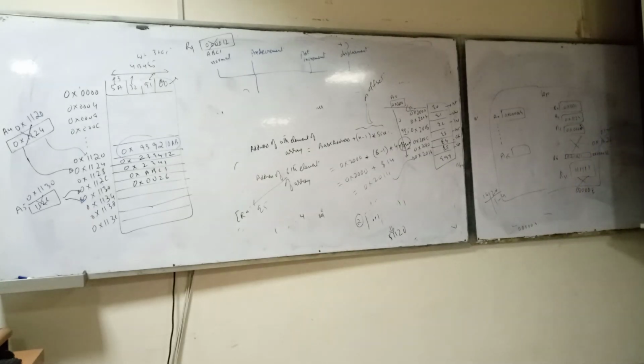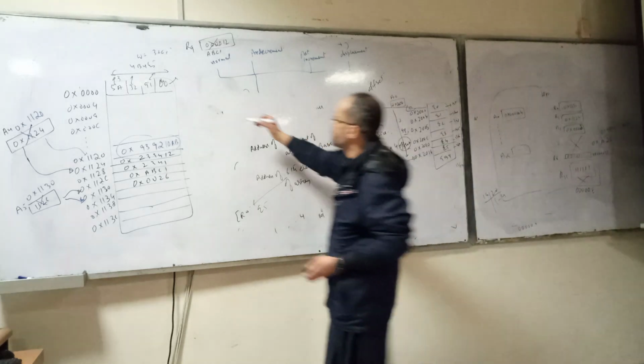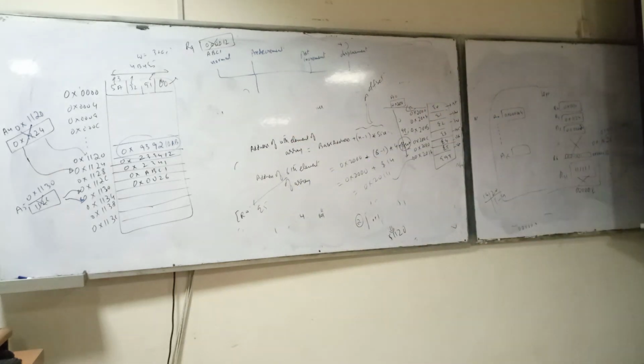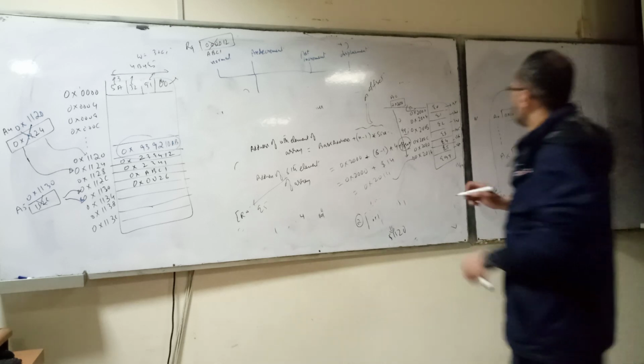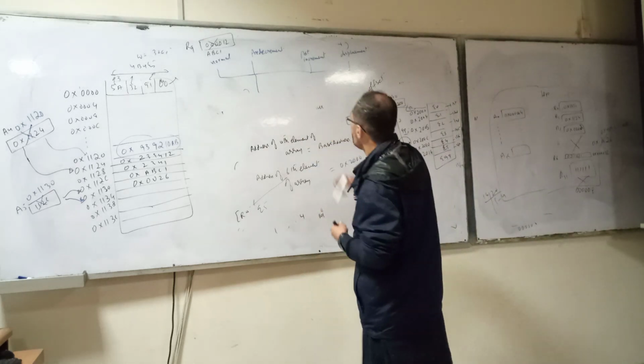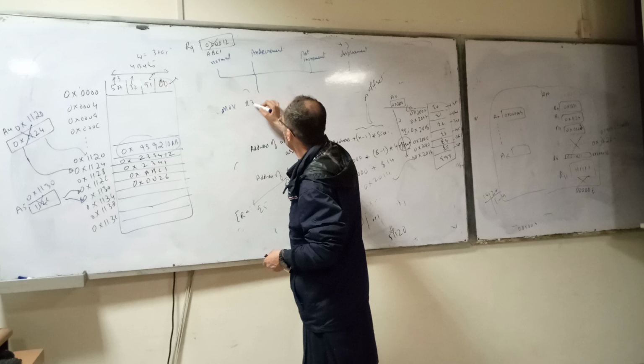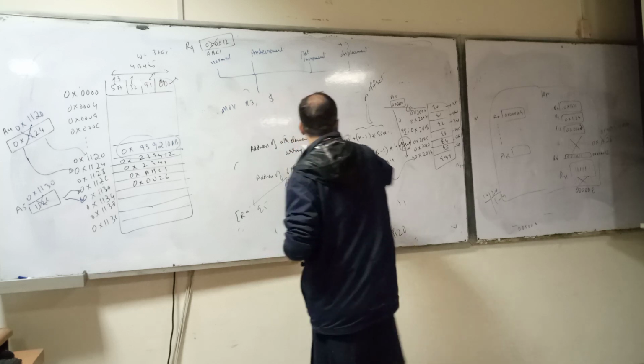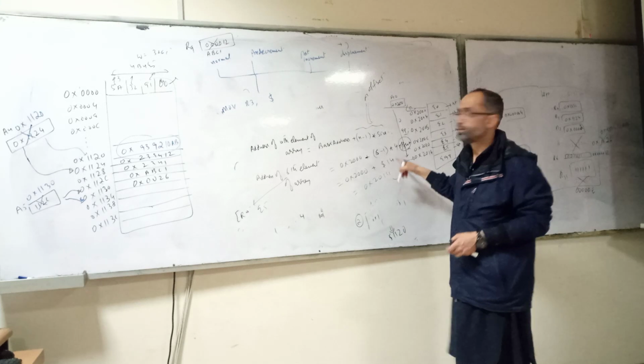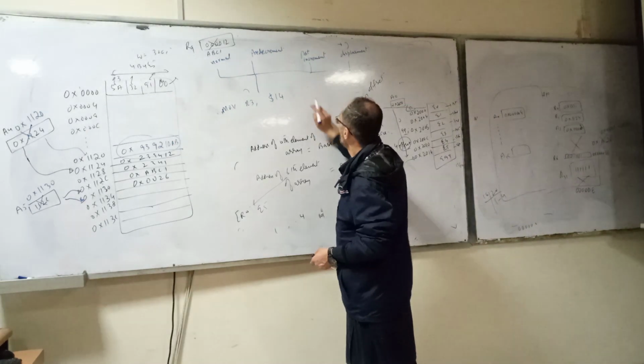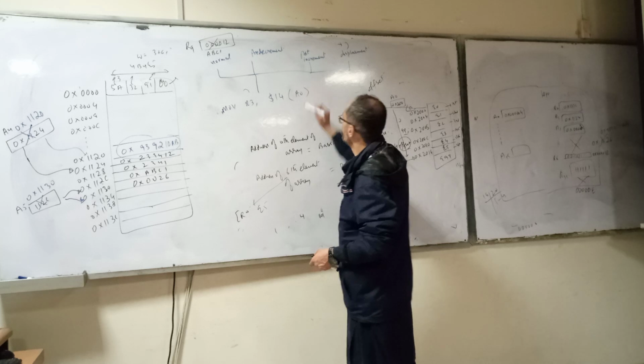So how do we do this? This is register indirect with displacement addressing. What is the mechanism? We can write it like this: move 0x14(A0), R3. What is the offset here? 0x14.